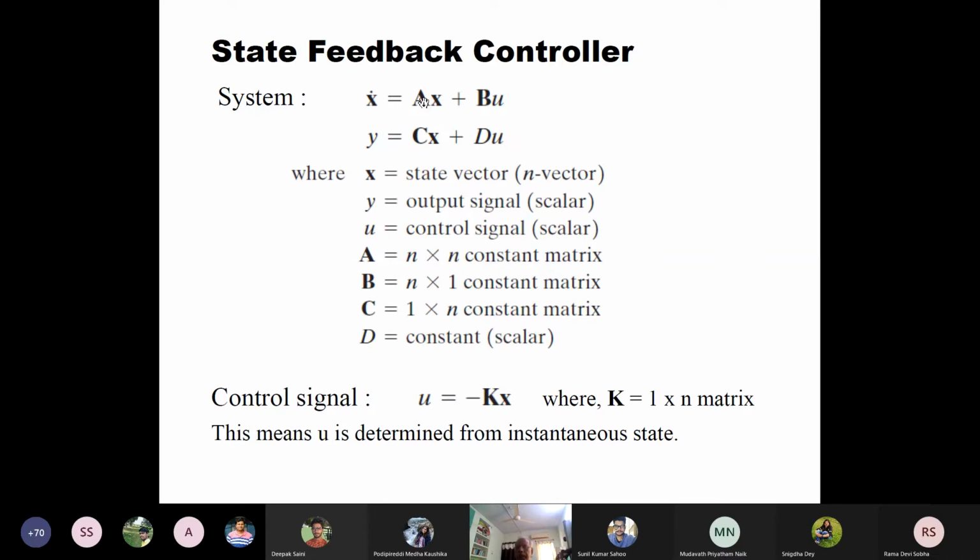Since x is an instantaneous variable, u is also an instantaneous variable. So from the instantaneous state, I will find out u. In this case, you can see we are not considering y; we are considering only the state variable x, and we are controlling the states.